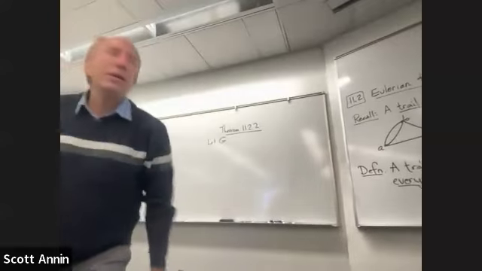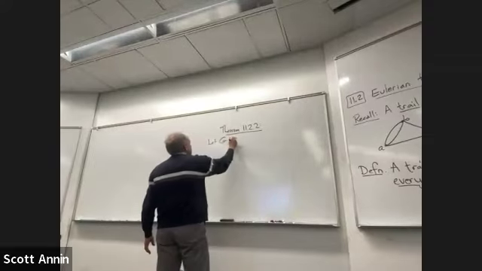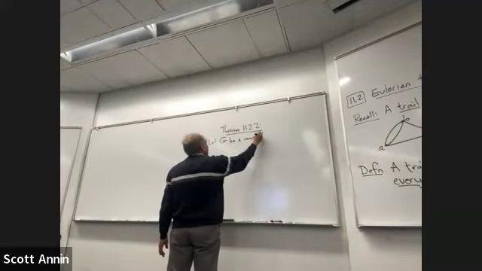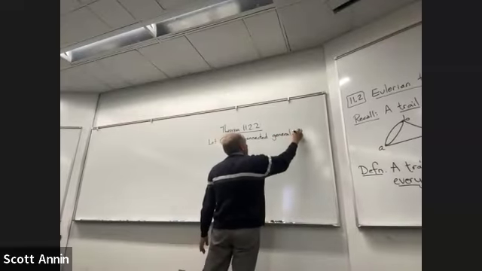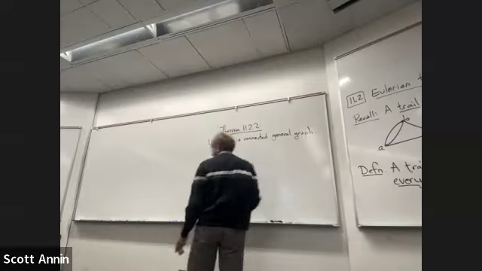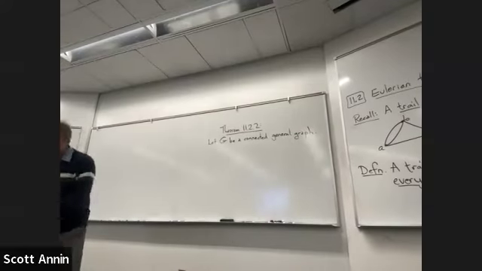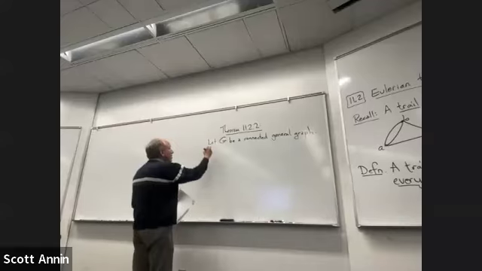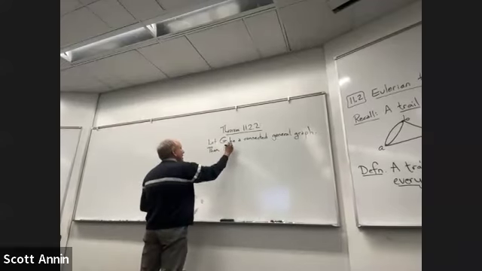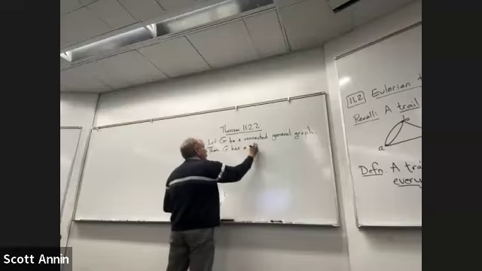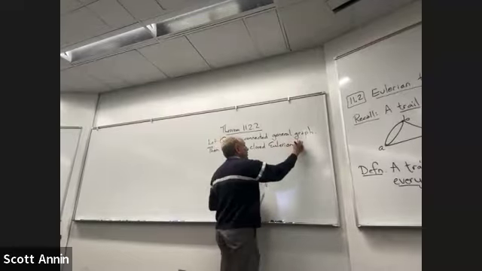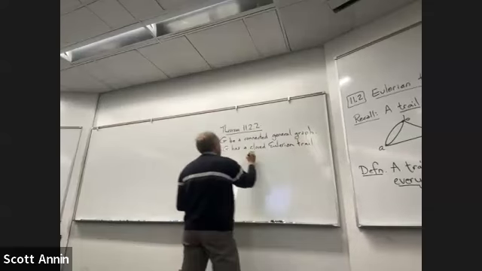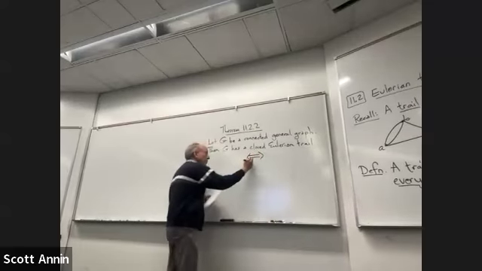So let G be a connected general graph. Then it turns out that we have a very easy condition. Then G has a closed Eulerian trail if and only if.